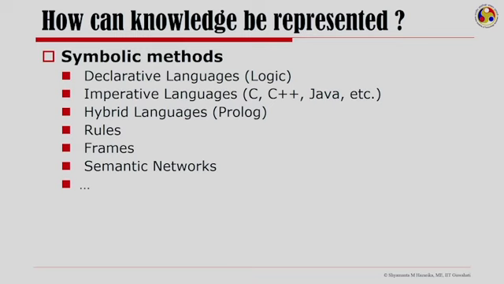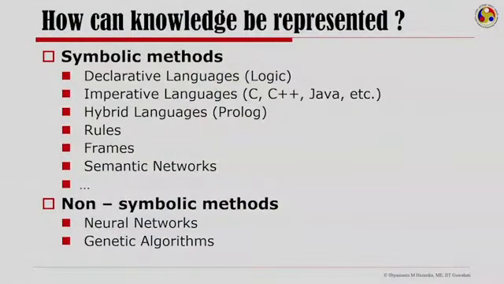Now in the very beginning I had pointed out that there are two approaches to AI. One, the symbolic AI, which is about creating intelligence through manipulation of symbols. The other approach is the connectionist AI, which is about creating the computational model of the human brain.